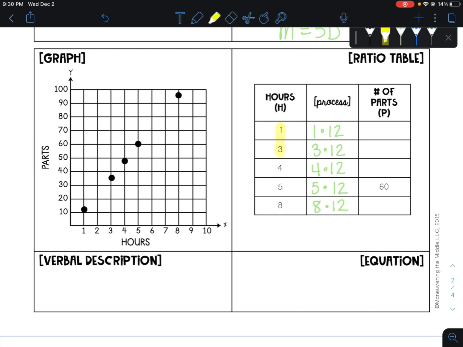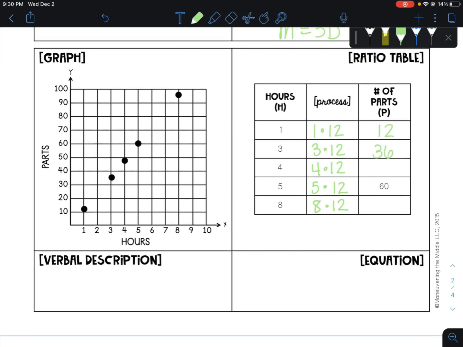So if you notice, this part, we're not skip counting because we're skipping steps. We skipped the 2 and we skipped the 6 and the 7. So just manually multiply so that you don't make any mistakes. 1 times 12 is 12. 3 times 12 is 36. 4 times 12 is 48. 5 times 12 was 60.